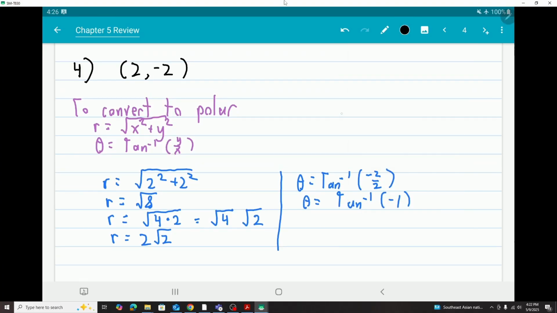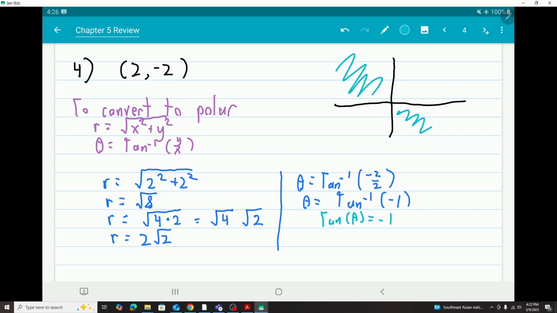So the way we would solve this is we would look at the unit circle and say, where is tangent of theta equal to minus 1? Tangent is sine over cosine. If tangent is negative, that means we're either in quadrant 2 or quadrant 4, because sine and cosine have different signs.